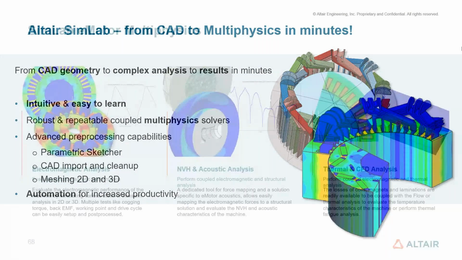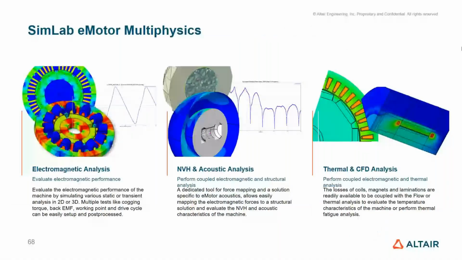In this case study, we have taken electric motor multiphysics. In electric motor multiphysics, we can perform electromagnetic simulation, and we will get electromagnetic outputs such as losses and the electromagnetic force, which can be used further for performing the acoustic analysis and the thermal analysis.